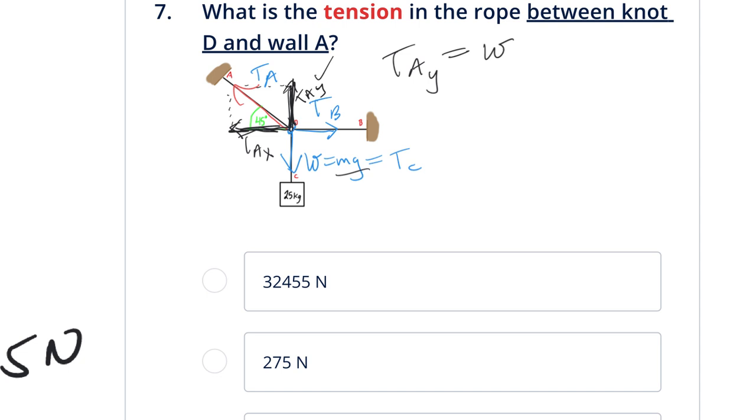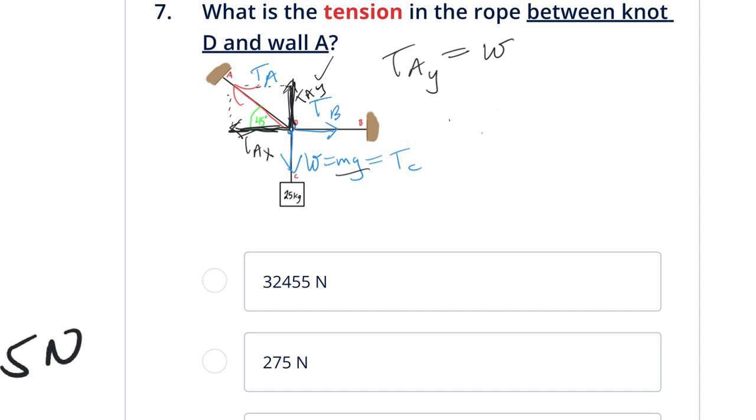I know that TAX is equal to, interesting. Well, disregard this right here because I don't need it.